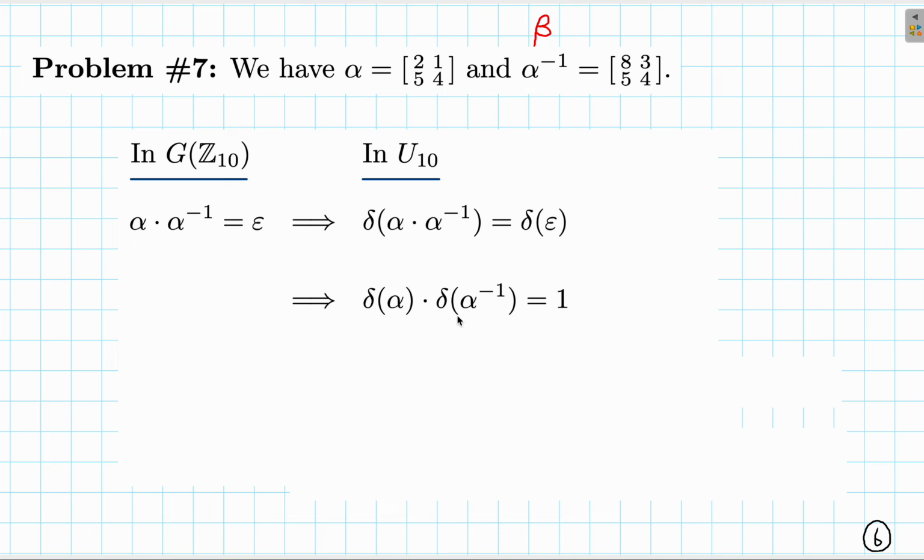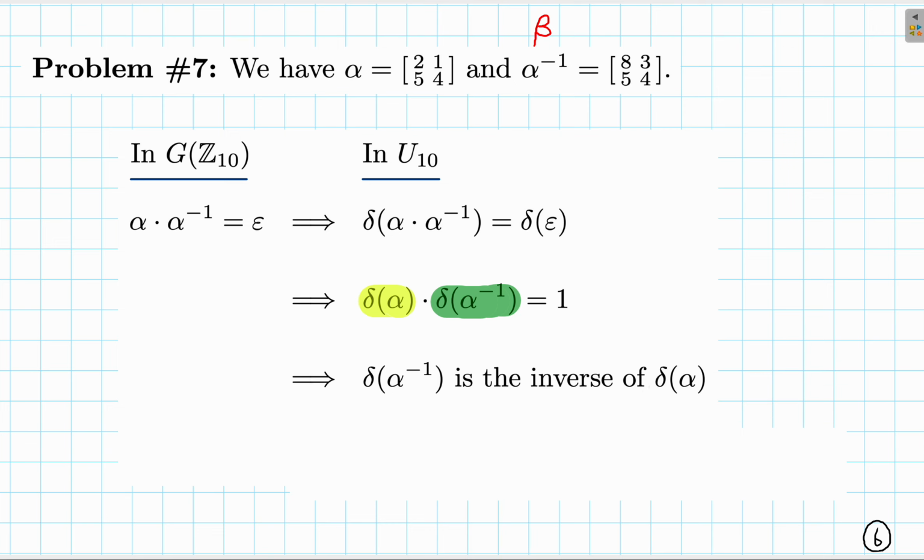And so now we have this relationship in U10. And that's telling us that delta of alpha times delta of alpha inverse multiplied together to be 1, which means the yellow element and the green element are multiplicative inverses of each other in U10 because they multiply together to be 1. So let's dig into that concept a little bit further.